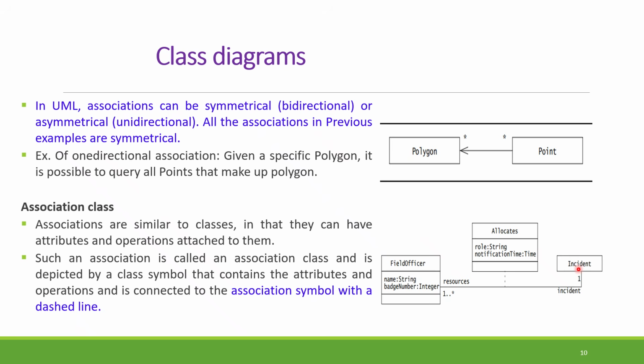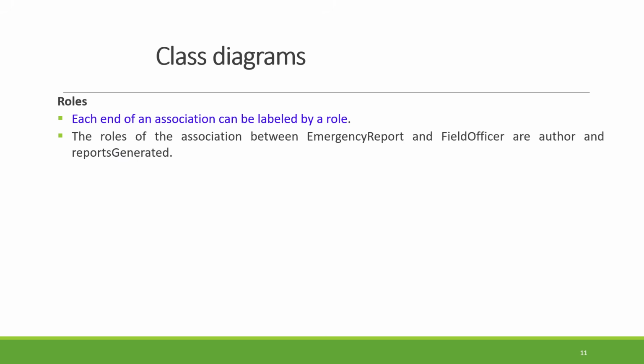In between these two classes, field officer and the incident, there is an association between the two different classes, and there is a dashed line connected from one of the classes to the association. So we call it an association class. The association class is connected on the association line. So as of now, we covered the concrete class, abstract class, and association class.